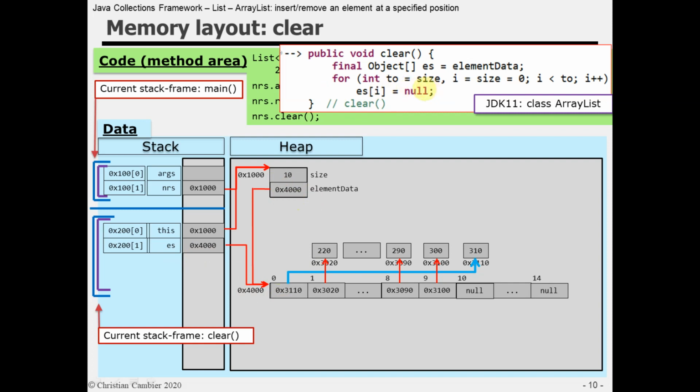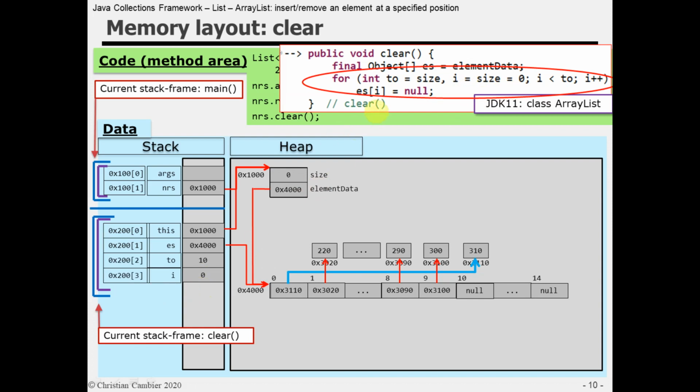The to is initialized with a value of size, which is 10. The to is added, and the i will receive a value of 0, so first i will be set to 0, and then the variable i is added to the local variables array with a value of 0.